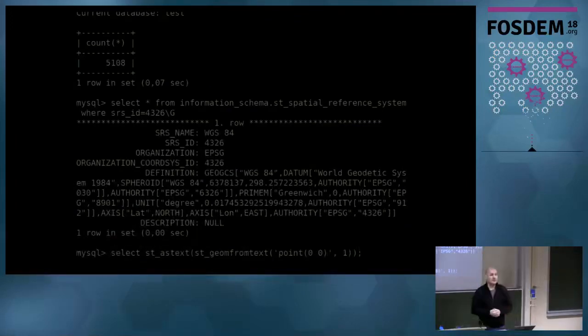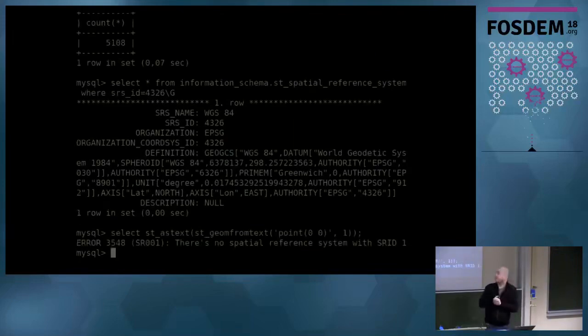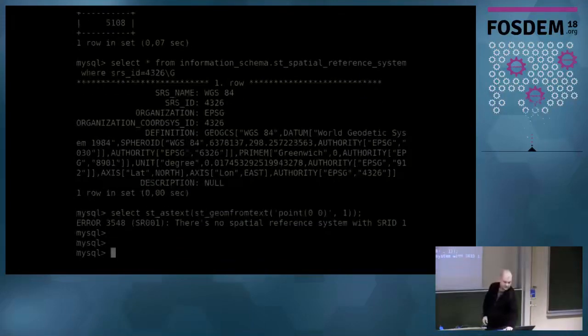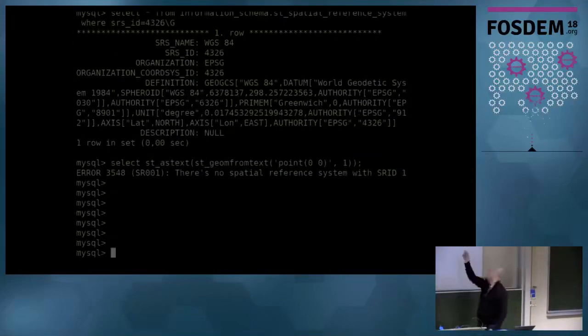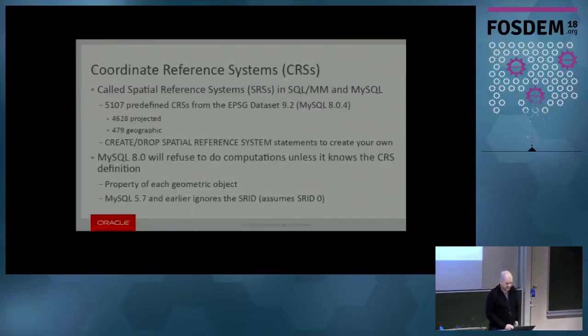So this is a non-existing SRID. And you see the error. There's no SRS with ID 1. So MySQL won't even create that point for you. In 5.7 it would do that, and that's, as I said, the root of a lot of problems.